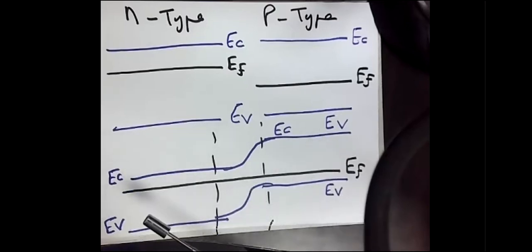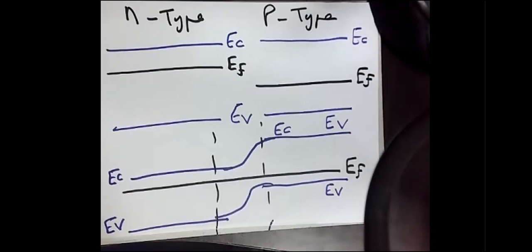While if you look to the extreme left region, you will find that it's a normal n-type material. The Fermi level is close to the conduction band and far from the valence band. But if you look to this middle region, you will find a tilted energy band diagram.